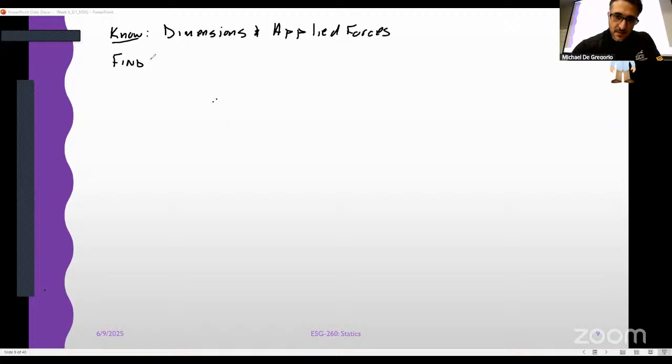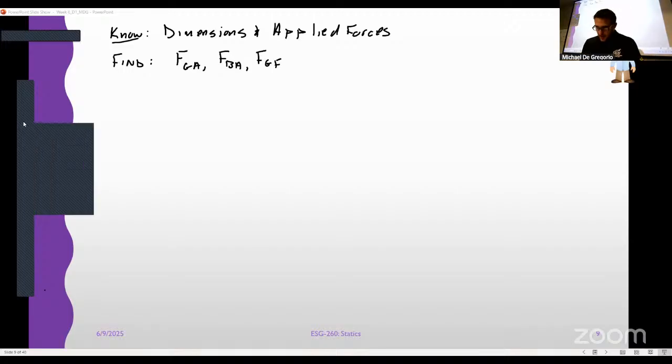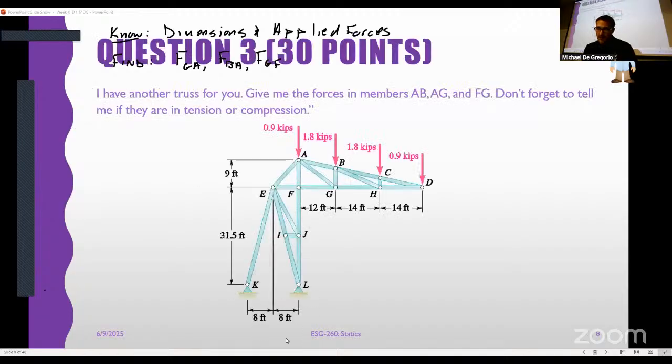Find FGA, FBA, and FGF. I wrote those very specifically in that direction because you 100% do not need to find the reactions to do this problem. Why don't you? Because all the reactions are to the left of the point where I'm cutting.